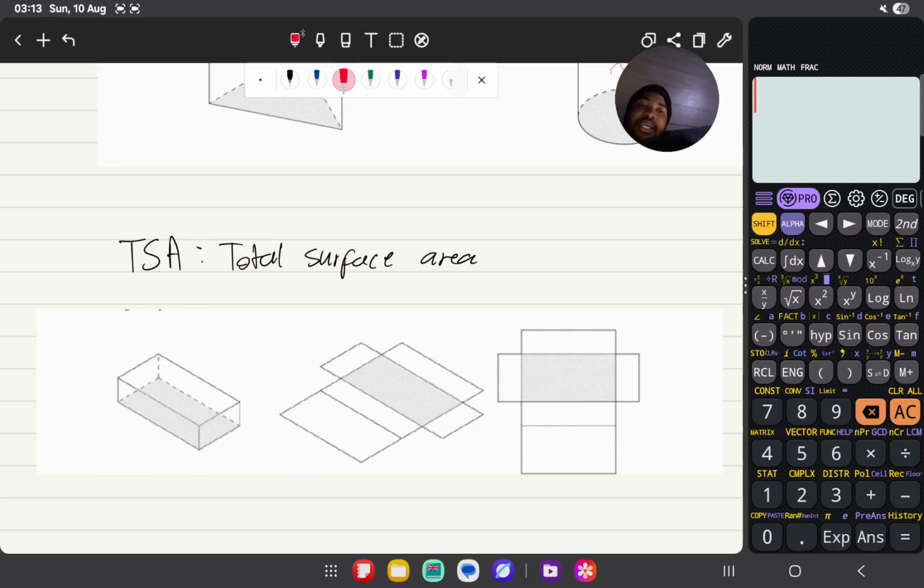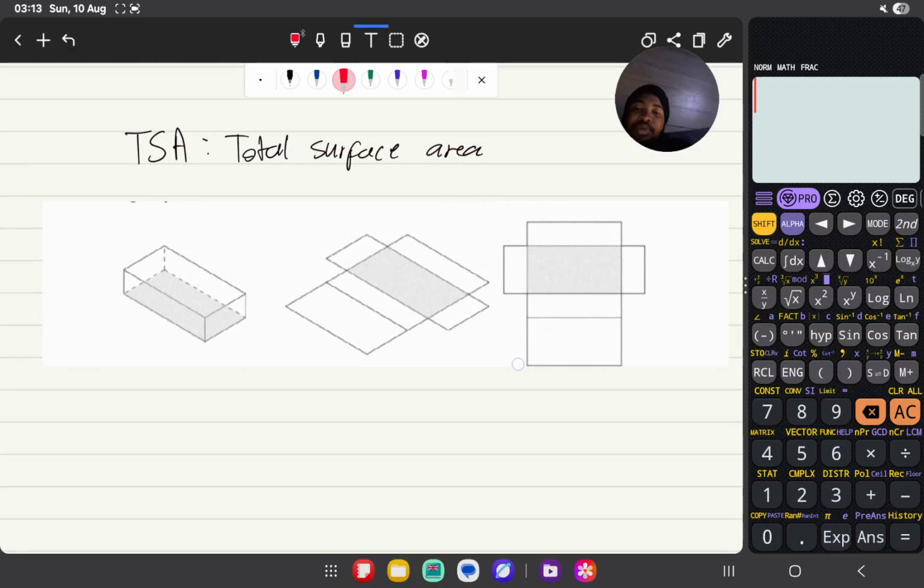So with that being said, we will talk about the total surface area. Total surface area, of course, you hear that it's the area, né? Yeah, so we are finding the area of prisms. So we will start.